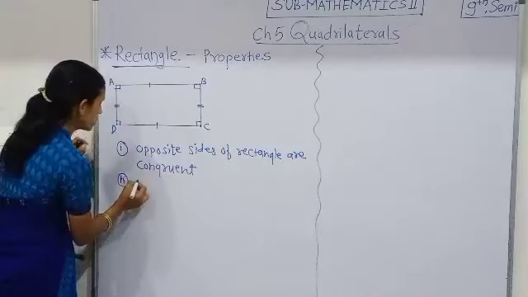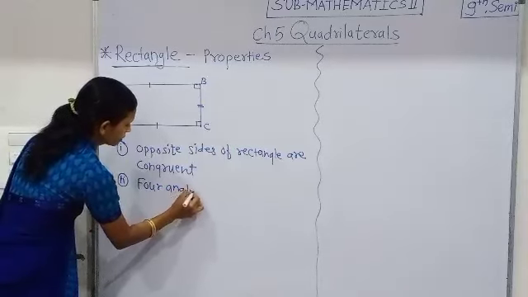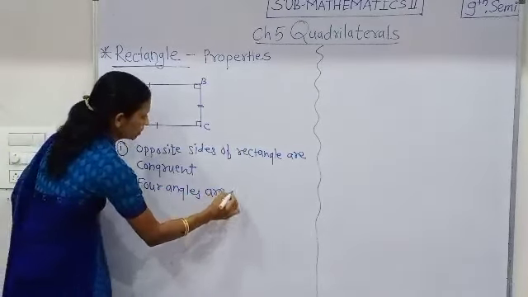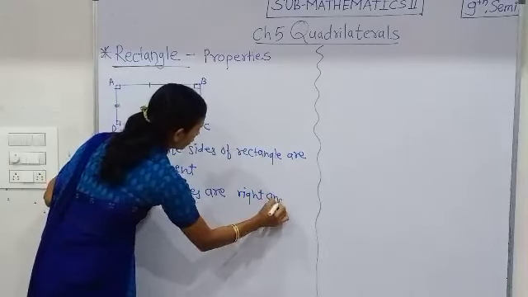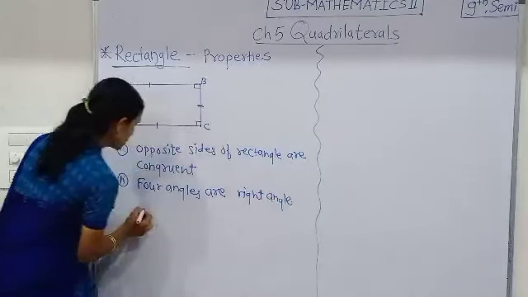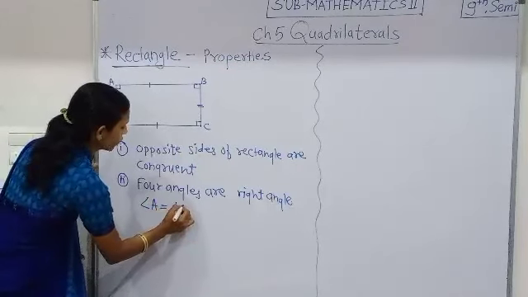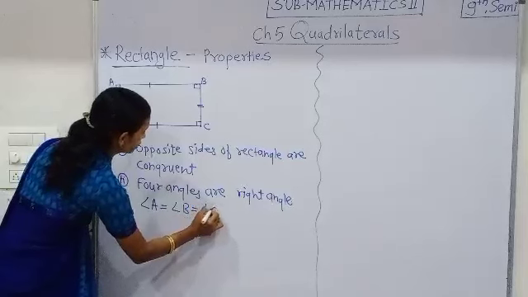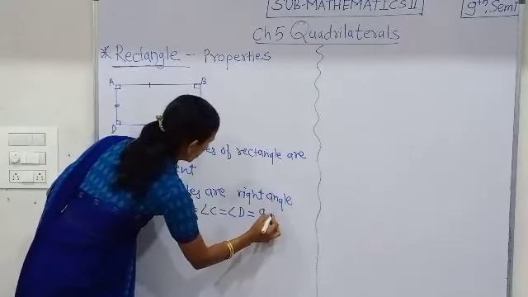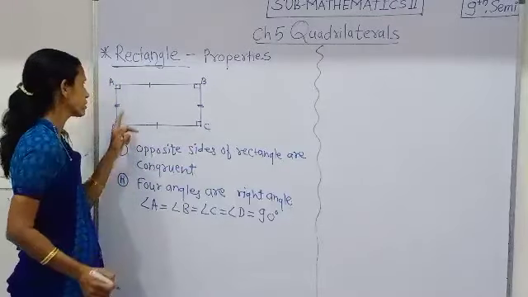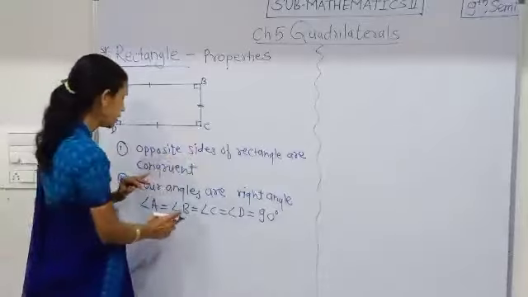That means here all four angles are right angles, that is angle A equals angle B equals angle C equals angle D, each of 90 degrees. That means all angles of a rectangle are also congruent, isn't it?